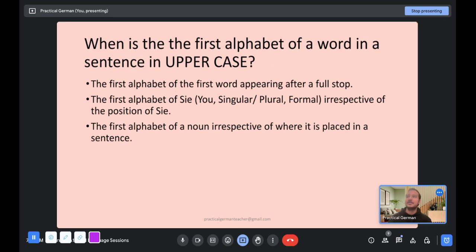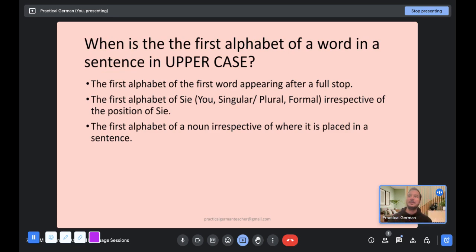And this pronoun sie, we discussed this in detail. There are three sie's, right? One may mean she, one may mean they, one may mean you, singular or plural but formal. This S will always be capital, doesn't matter where it is, after a comma or after a full stop, anywhere in the sentence.